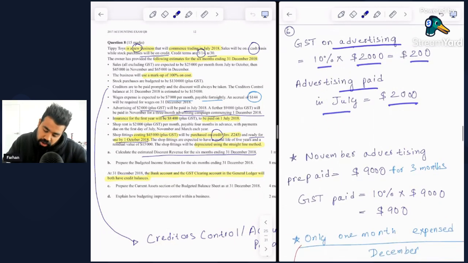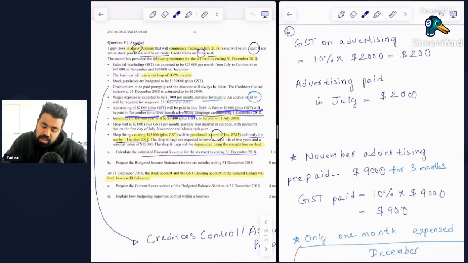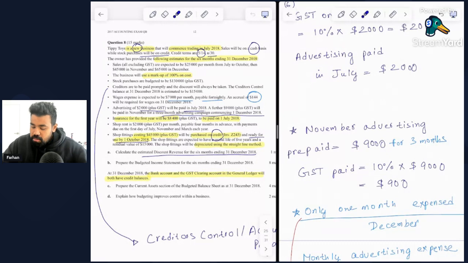The second line says that a further $9,000 plus GST will be paid in November for a 3-month advertising campaign commencing 1 December 2018. All right. So in November, we are going to prepay advertising of $9,000 for 3 months.